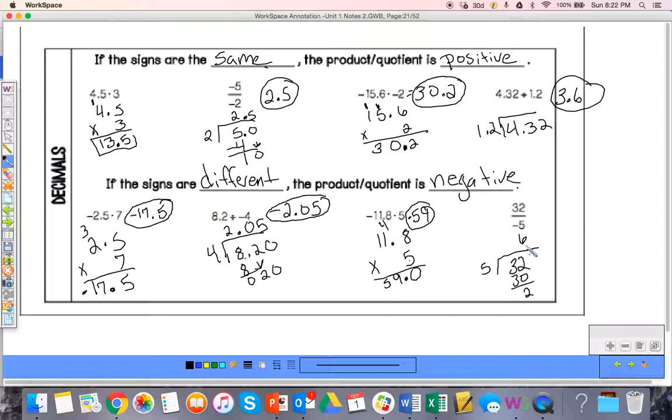We have 2 left over. 5 cannot go into 2, so we have to add a 0 and bring it down. 5 goes into 20 4 times. So we have 6.04 as our answer. We have a positive divided by a negative, so that makes our answer negative.